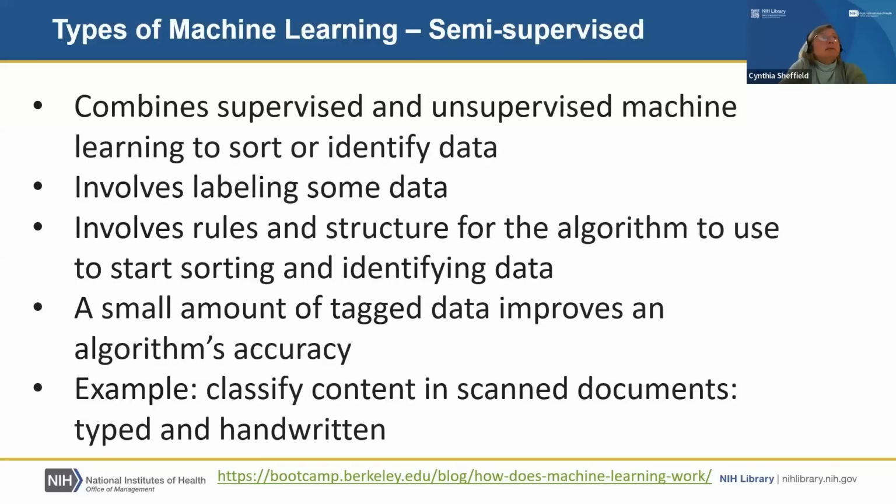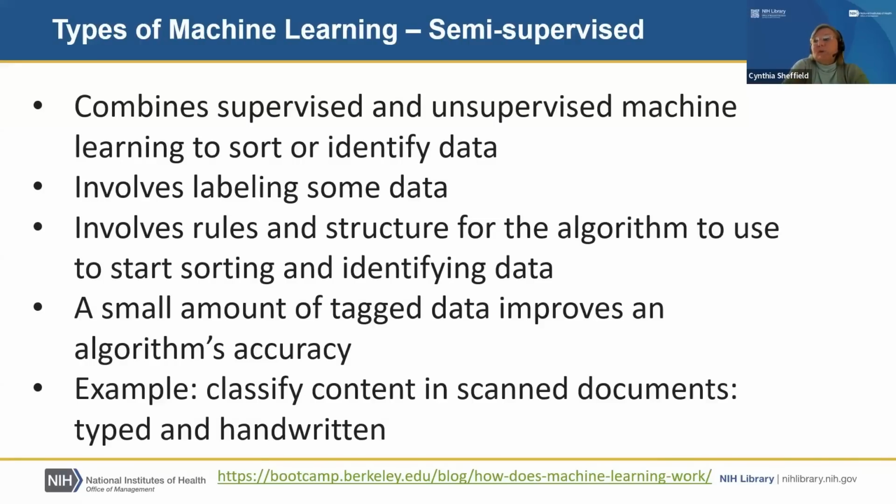And then there are types of machine learning, semi-supervised. It combines supervised and unsupervised machine learning to sort or identify data. Semi-supervised learning involves labeling some of the data and providing some rules and structure for the algorithm to use as a starting point for sorting and identifying data.